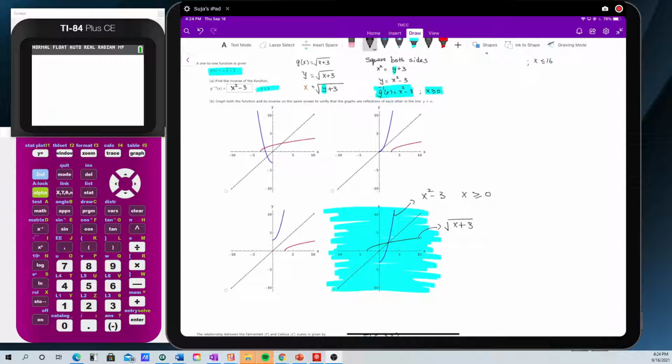This one we automatically know because this x plus 3 tells me that this is a horizontal shift to the left 3 units, right, of the radical function.